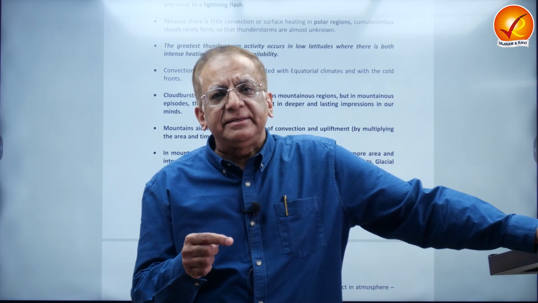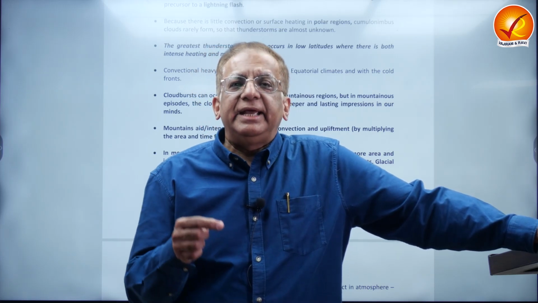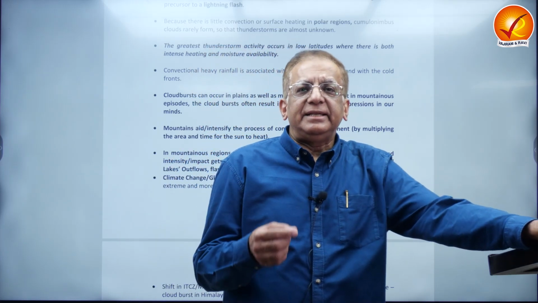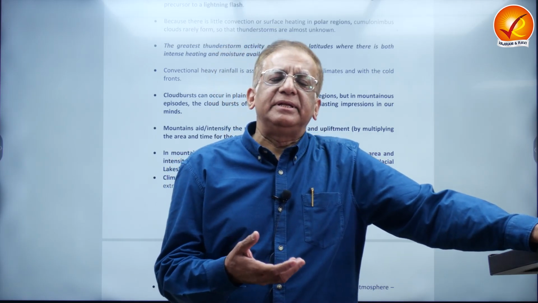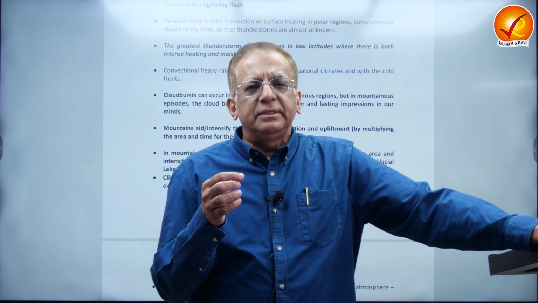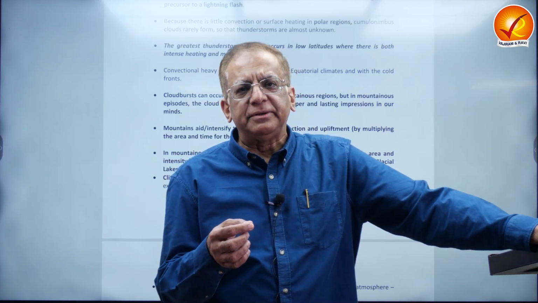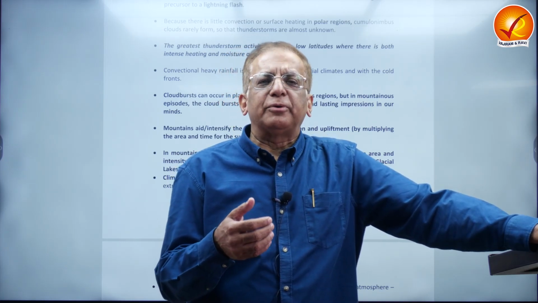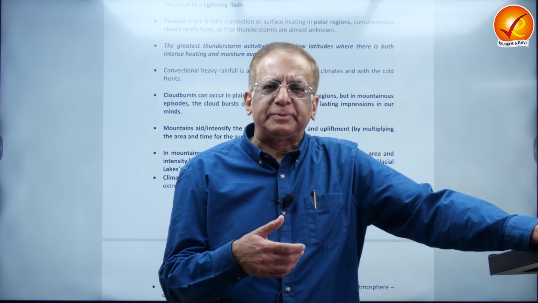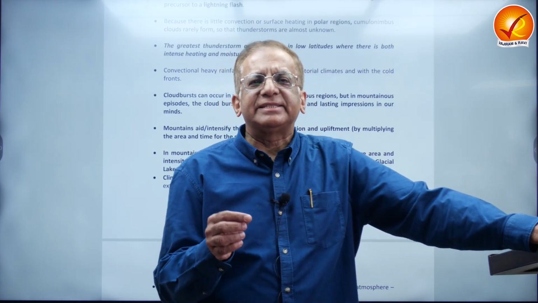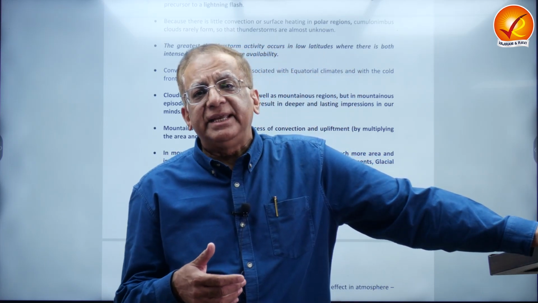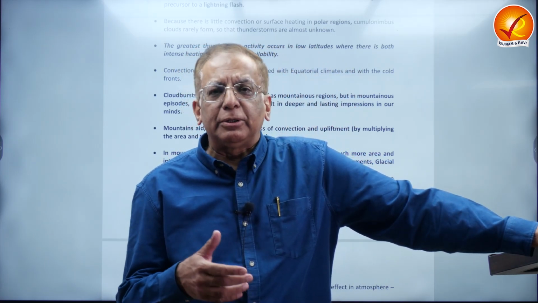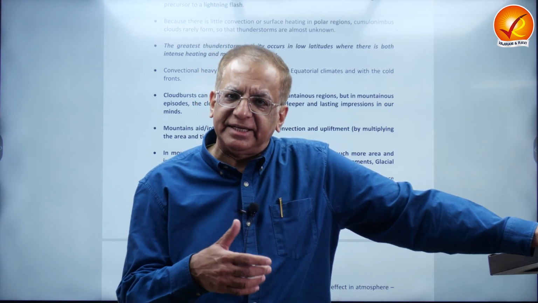But when a cloudburst happens in a mountainous region, then the features of that area would be reasons for the intensification of convection. It means the cloud formation of that extent, what we need for a cloudburst, would be more easily available. For example, the steep slopes would not only increase the area for the sun to heat, but also the time for the sun to heat a region.